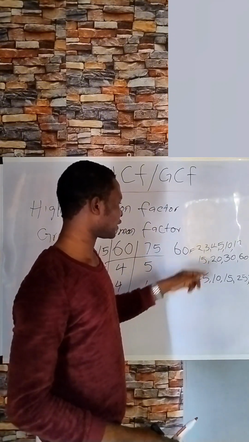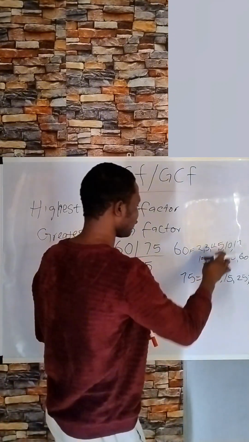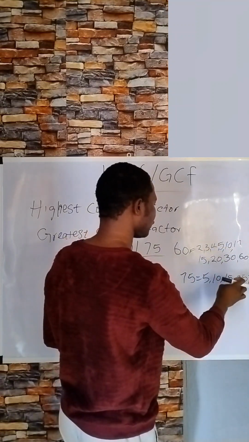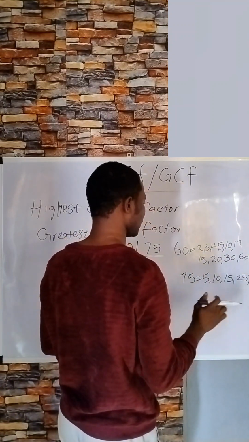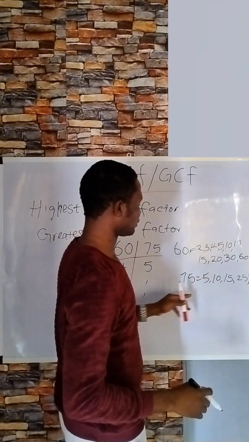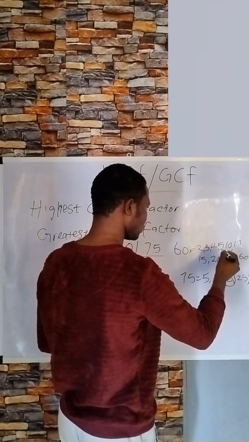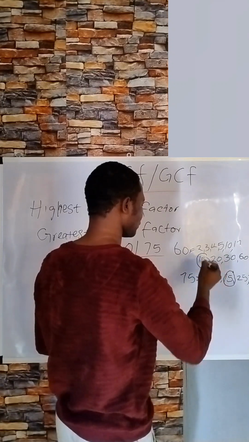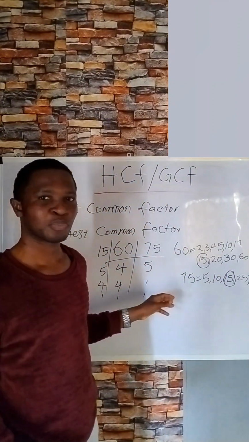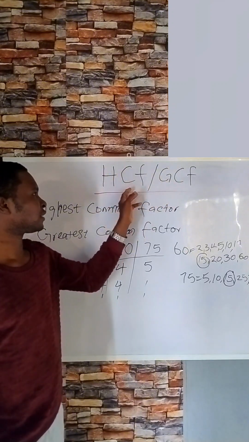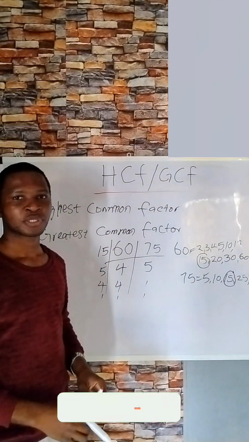The common factors they have are 5, 10, and 15, and that is it. But the greatest in all of these factors is 15. This is just what it simply means, to look for the GCF or the HCF of a number.